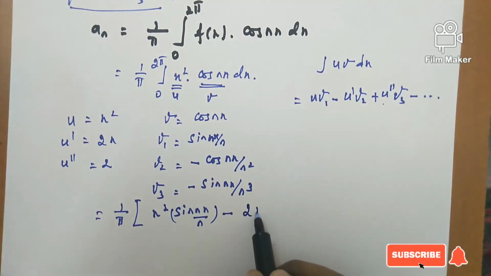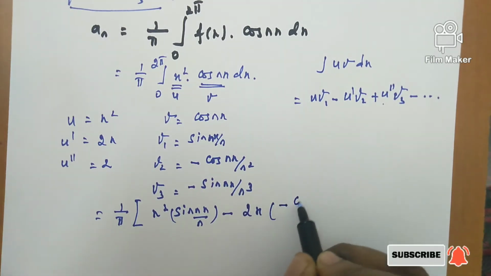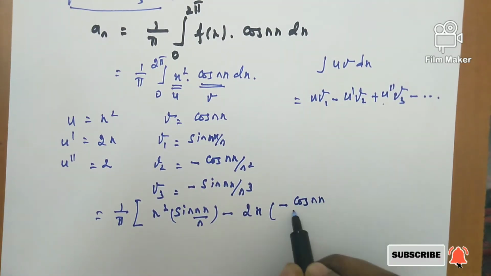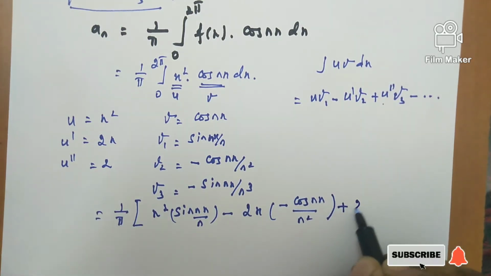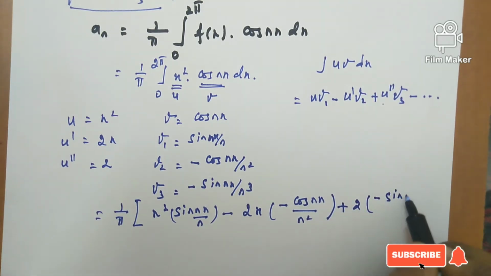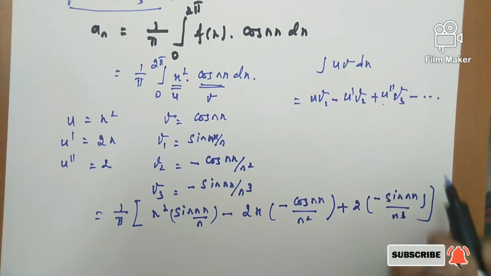U dash is 2x, into v2. What is our v2? V2 is minus cos nx by n square. Plus u double dash. U double dash is 2, into v3. What is our v3? V3 is minus sin nx by n cube. So this is the way we have to apply the formula.